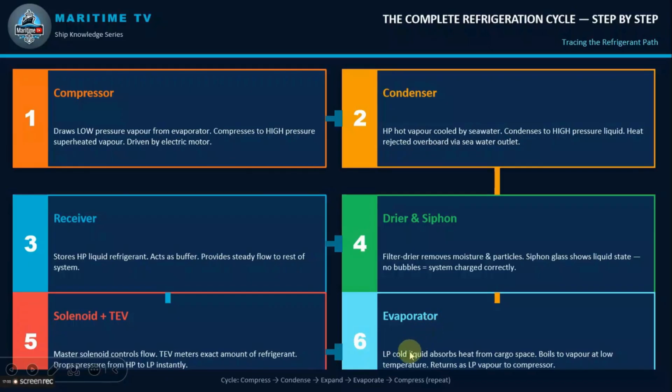So you have the evaporator, which is low pressure cold liquid, absorbs heat from the cargo space, boils to vapor at low temperature, returns as LP vapor to the compressor. So the cycle is compressor, condenser, expansion valve, evaporator, then compressor again.